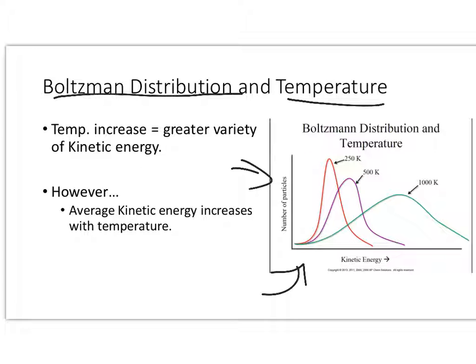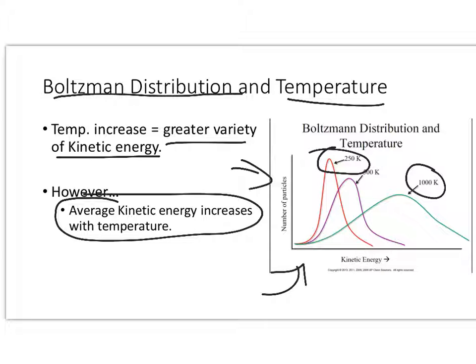Okay, so basically what this leads us to is this: as temperature goes up, we get a greater variety of kinetic energy, right? So we have lower temps, we have a lower variety. When we have higher temps, we have a greater distribution of kinetic energies. However, when all this is said and done, average kinetic energy increases with temperature.